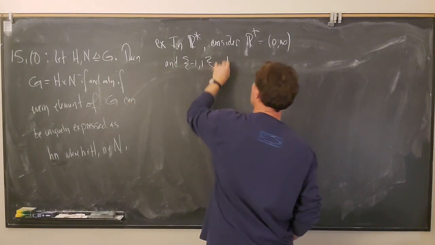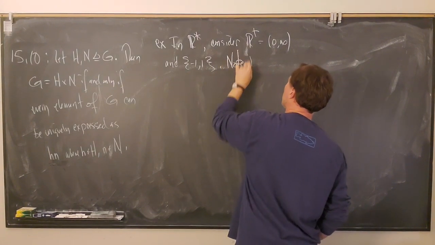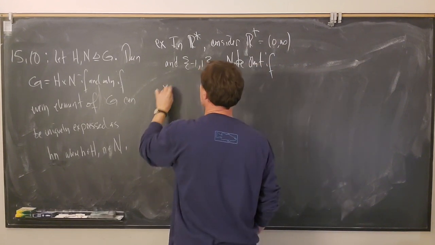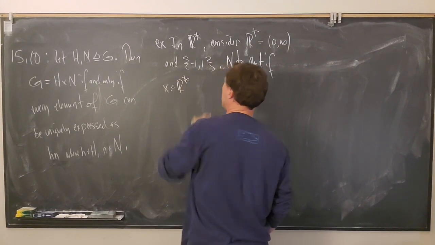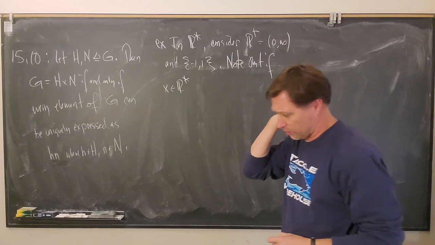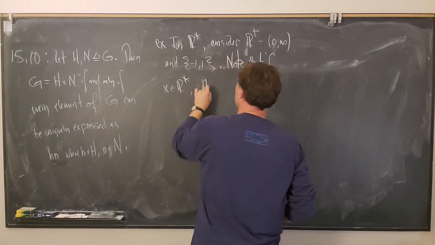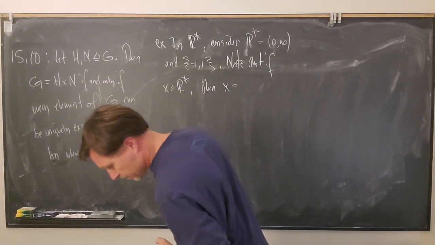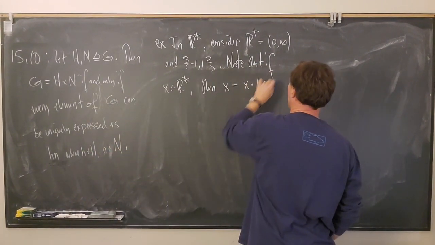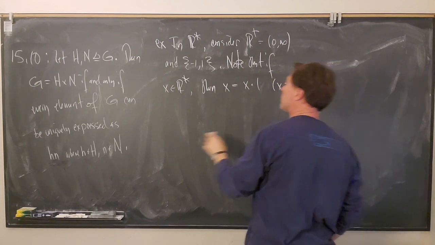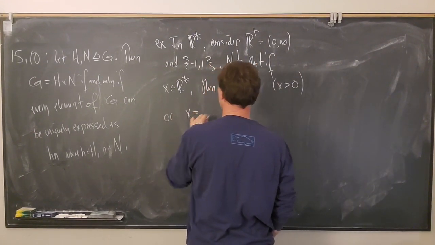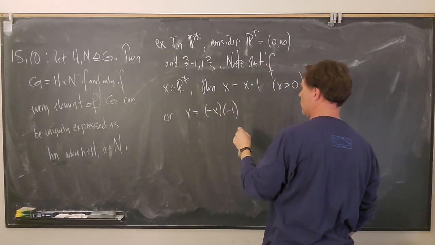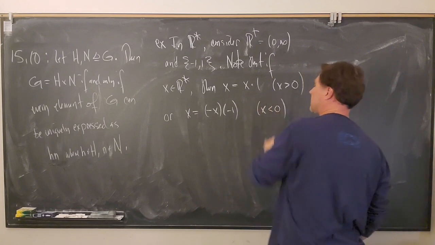Note that if x is in R star, it's either positive or negative. So x is equal to x times 1 in the case that x is greater than 0, or x is equal to minus x times minus 1 in the case that x is negative.